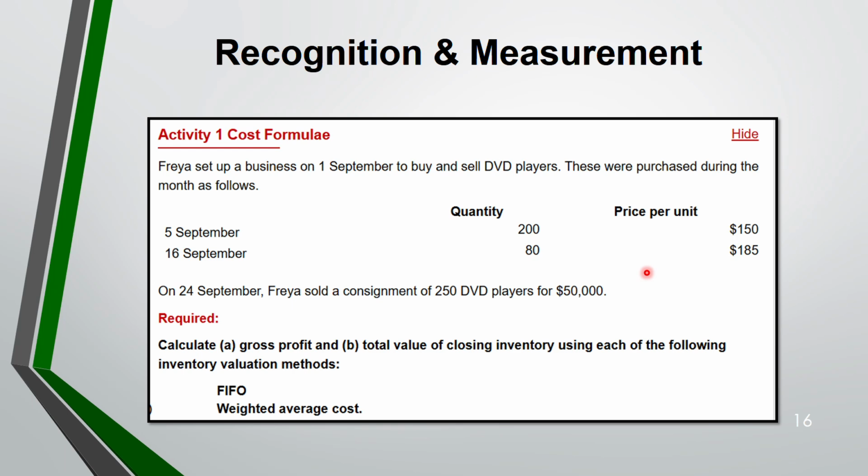So under FIFO, they will first utilize the 200 and the remaining 50 they will sell from here. And how will they value? Based on the price. You see the prices are given. And we are going by weighted average. We'll see. So now let us do this question.